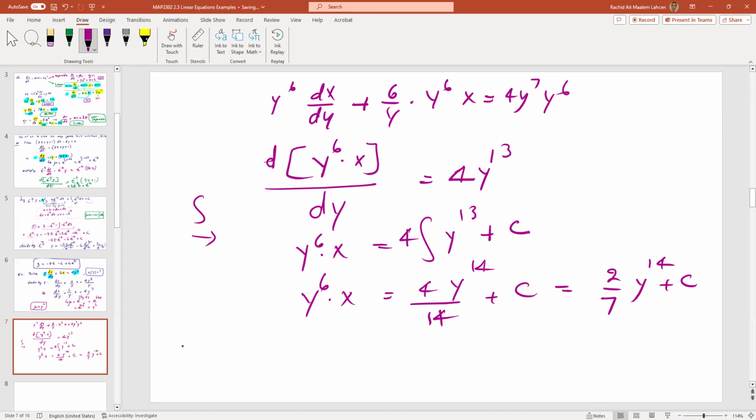Now divide by y to the 6th, and we'll get y to the 14 divided by y to the 6th. We subtract, 8 from 14, and then we get this.